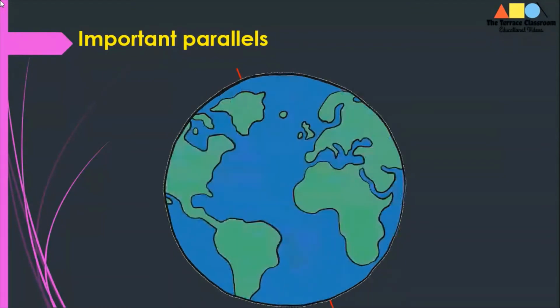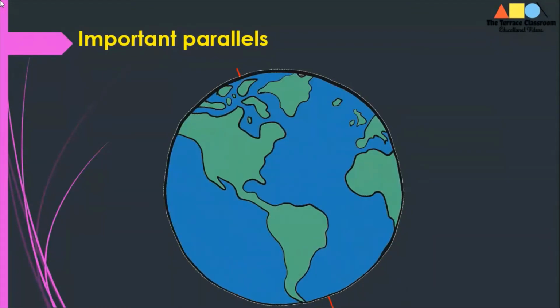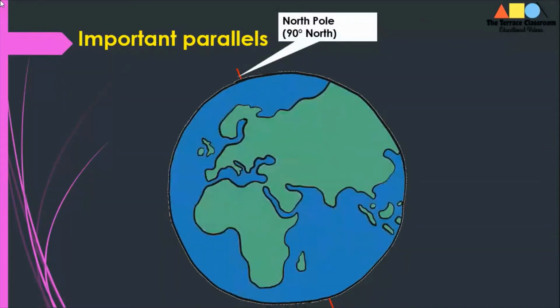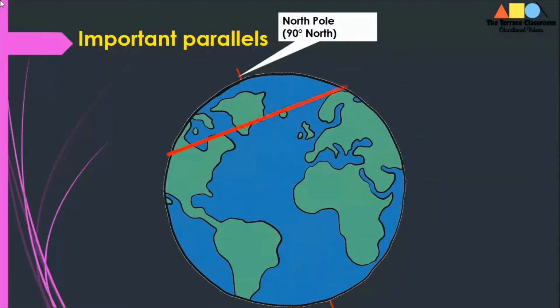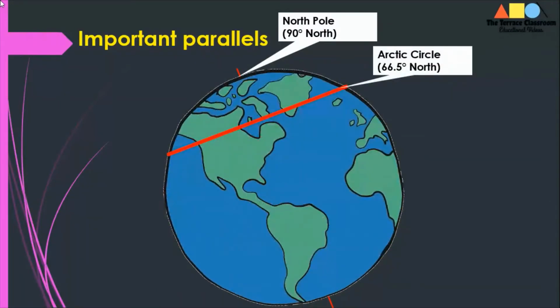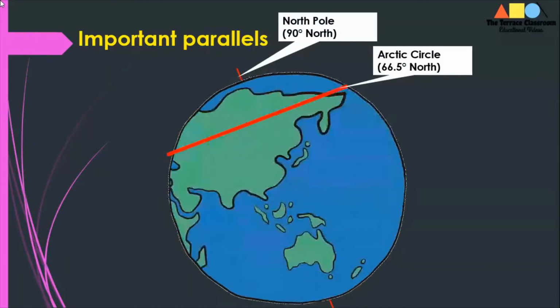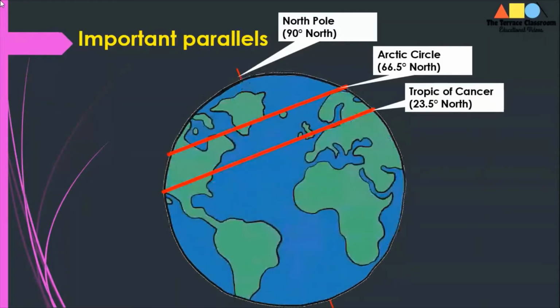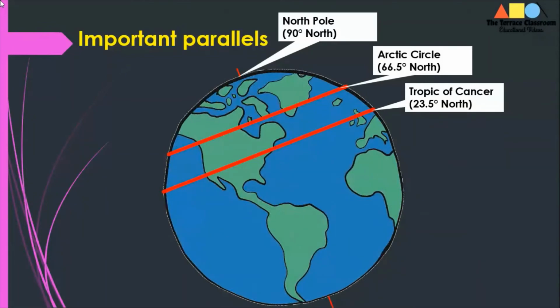So, there are some important lines of latitudes which you must always remember. First, we start from the North Pole and mark it as 90° north. The North Pole is a point. Then comes the Arctic Circle at 66.5° north. Then is the Tropic of Cancer at 23.5° north.